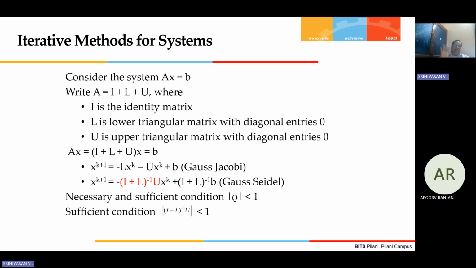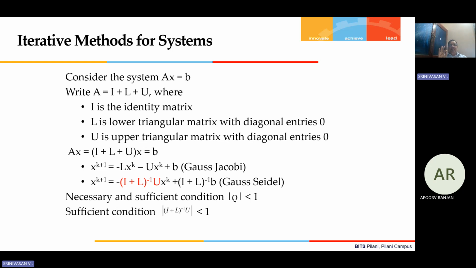There the idea is different. Of course, L stands for lower triangular, U stands for upper triangular, but there we had different conditions for different methods. But here we have the decomposition I plus L plus U, where we are going to have a simple way of representing them. I, we know very well, is the identity matrix.